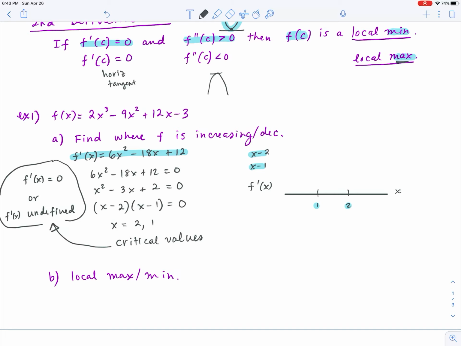Okay, so back to our sign chart. X minus 2 is 0 at 2. So it's negative before that and positive after that. This is a linear factor with positive slope.